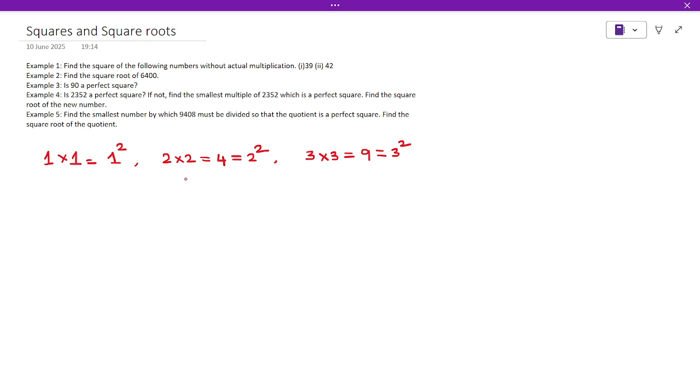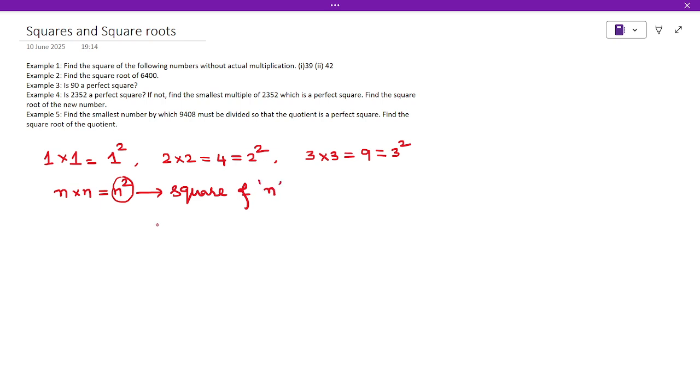So now if you see, we have taken a number n and then we multiplied with the same, and we are getting another number, that is n square, right? So this number n square is called the square of number n.